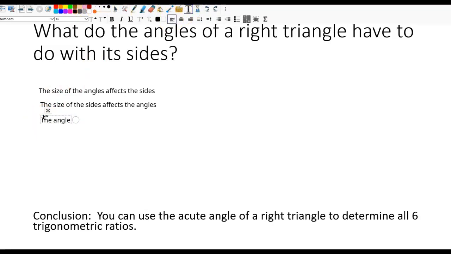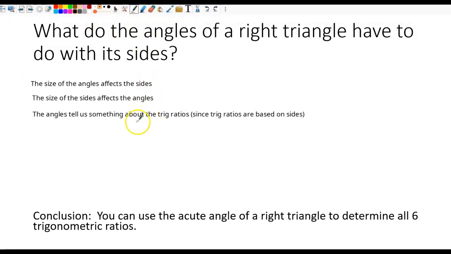So the angles tell us something about trig ratios. And that's because the trig ratios are based on sides. So since the trig ratios are based on sides, and sides are affected by angles, then that means the angles must tell us something about the trig ratios also.